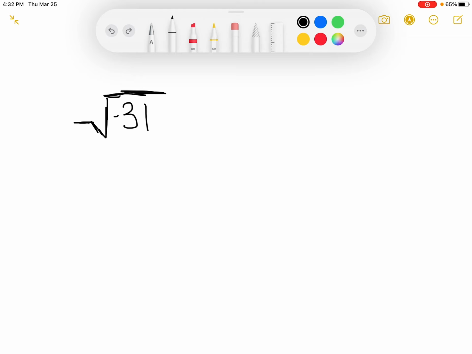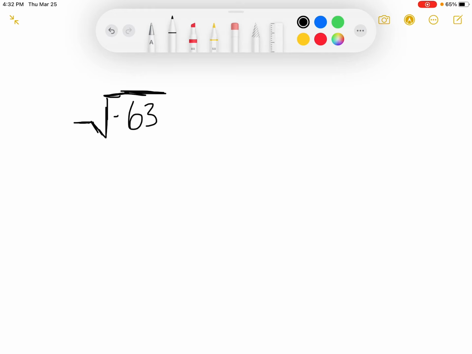So let's see. What things can multiply to equal 31? Nothing, except for 1 and 31. And if you take the square root of 1, it's still 1, which would mean that this thing doesn't even change. So 31 is a bad choice. I should have known that was prime. Let's do a non-prime number. How about 63?